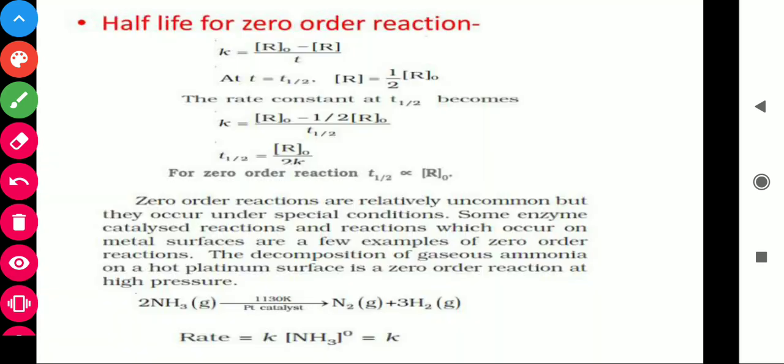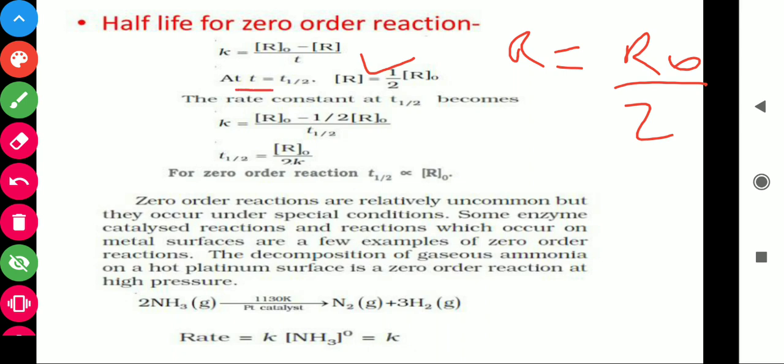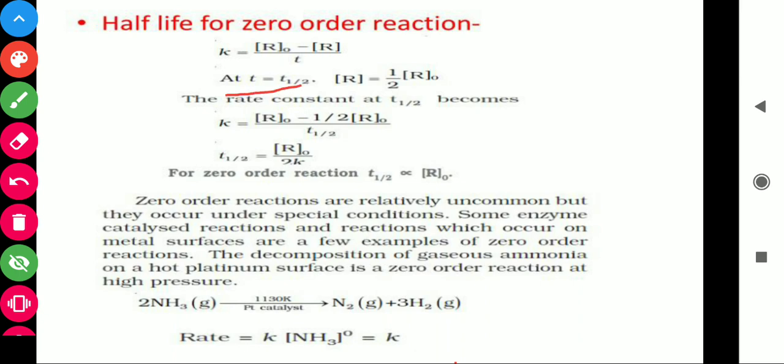Half life for zero order reaction means the reactant we have left now is half of the earlier, meaning R is equal to R naught by 2, and we will keep that here, and in place of t we will write t 1 by 2. When we put both these, then we will get this formula. t half is equal to R naught by 2k.